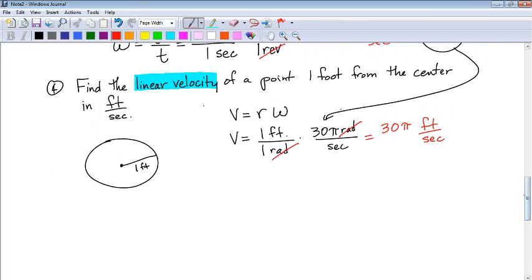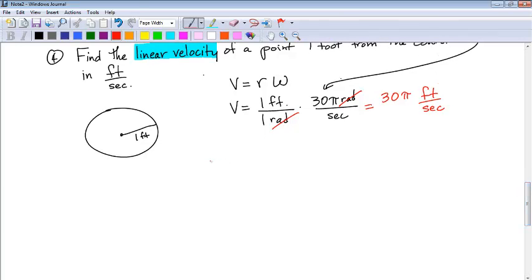Now, think about this for a minute. Does the angular velocity, you can abbreviate it, change if the radius equals 2 feet?